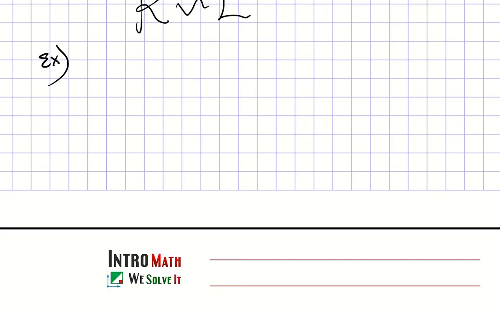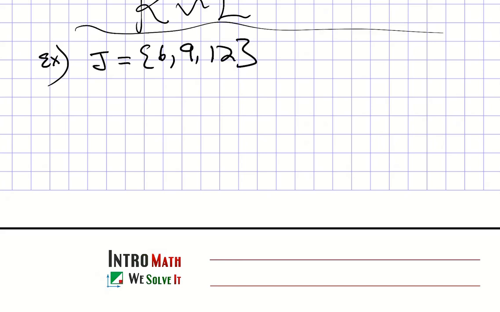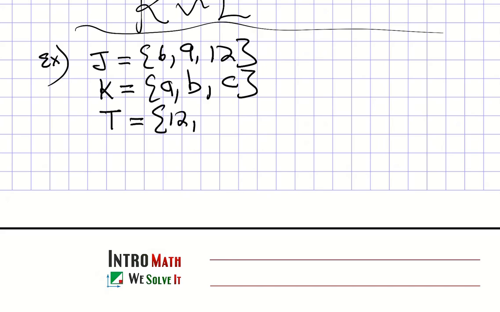This one says J is the same thing as containing 6, 9, 12. Okay. K contains A, B, C, and the T contains 12, 6, 9. Okay.